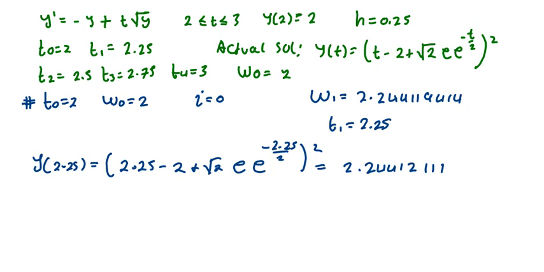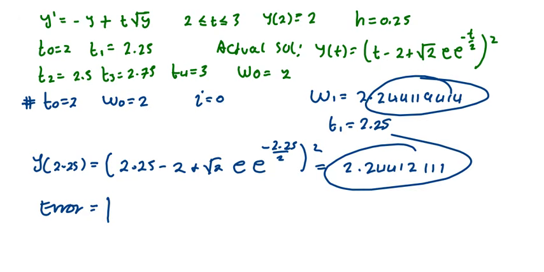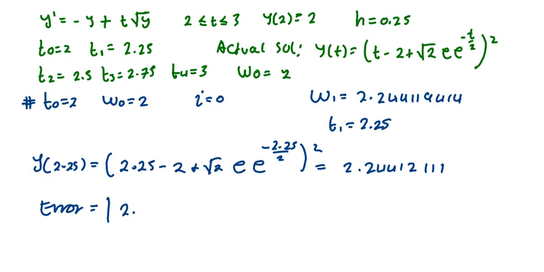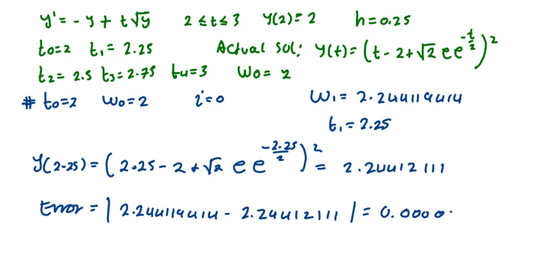If you find the error, our error is going to be equals to this value right here minus this one, the absolute value by the way. So we say 2.244119414 minus 2.2441211, and this is just going to give us something like 0.000001696. So this is what we end up with as our error.